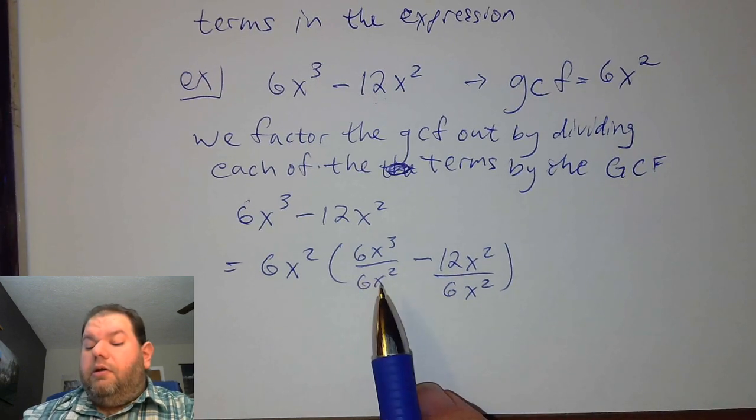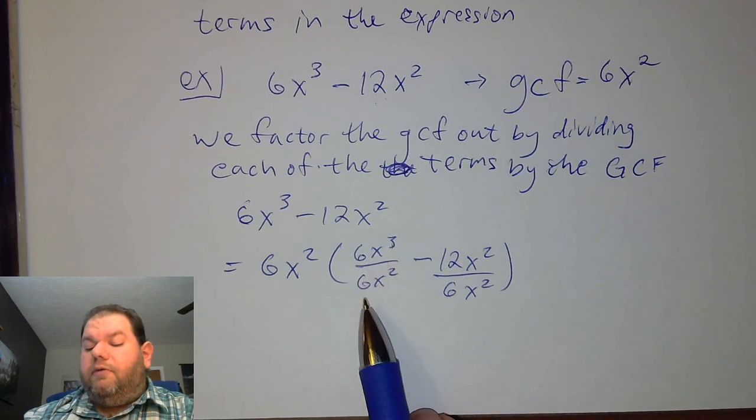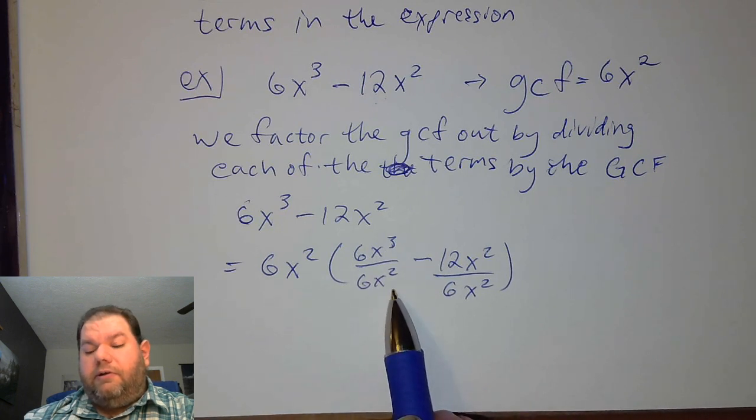Okay. So what is 6x cubed divided by 6x squared?